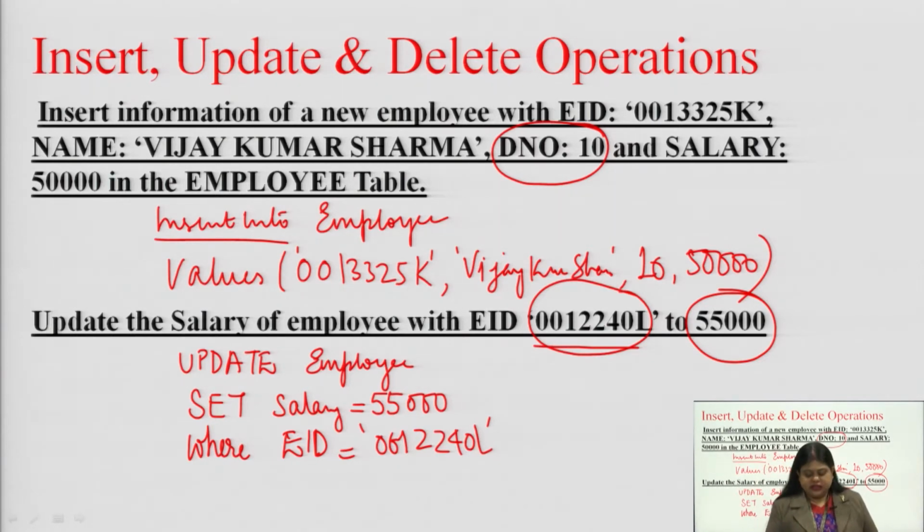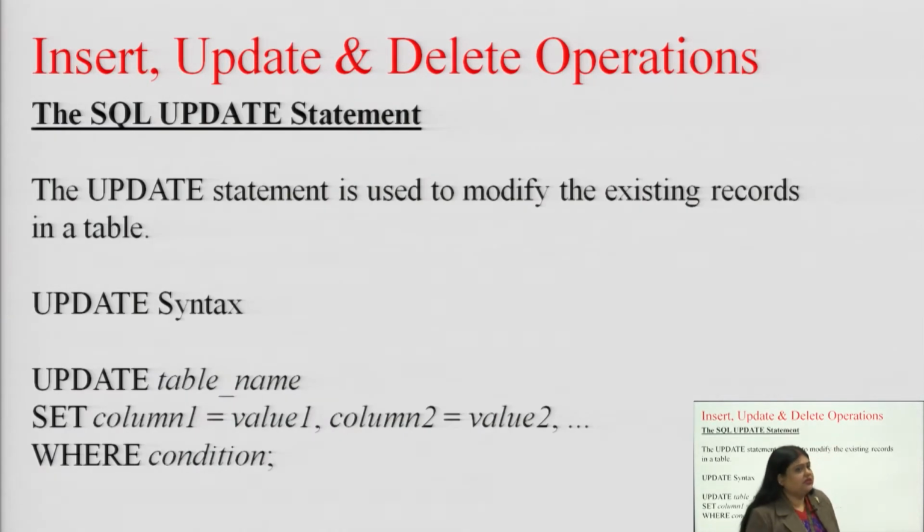We will go through the syntax of the update statement also in detail. So, here you can see this is the syntax of the update statement. I took the example so that you can understand the syntax in a better way, right. The update statement is used for modifying the existing record in the table, right. So, update is always used to modify something that is already there in the table, right. And this is the syntax which says update the table name, set column 1 to value 1.